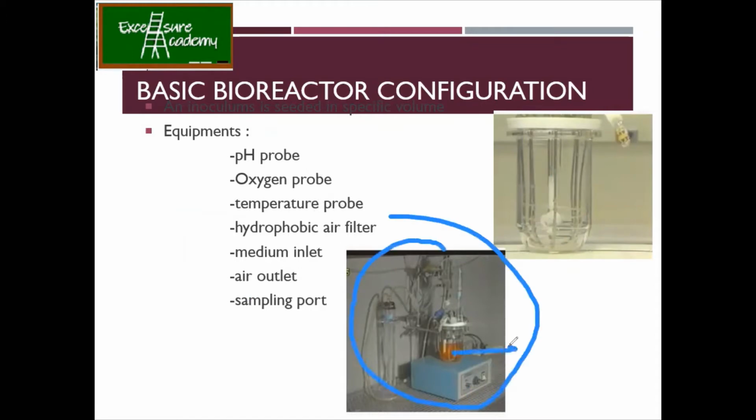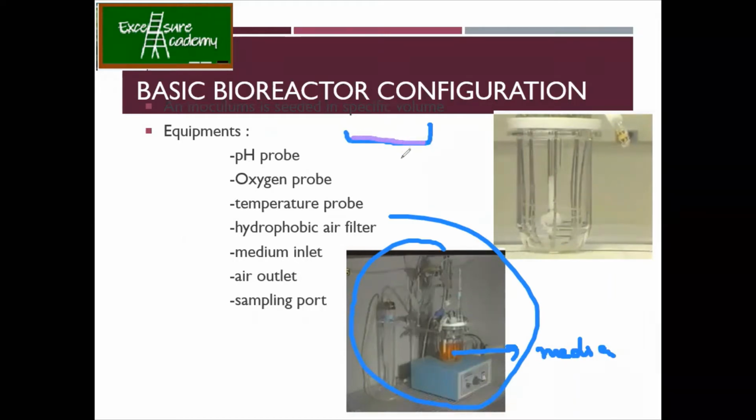Now you can see this orange colored media is there, right? In the petri dishes, you know that the mammalian cells get attached on the surface, right? What about in this case, where is it going to get attached? Where will adherence take place? Anyone?